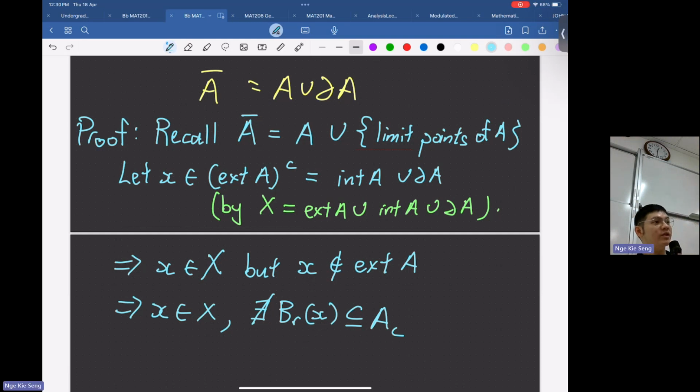If there is no open ball that can do that, then what happened to your ball? What happened to the ball? This ball should contain something, right? What can exist inside this ball if this ball cannot be in A complement?